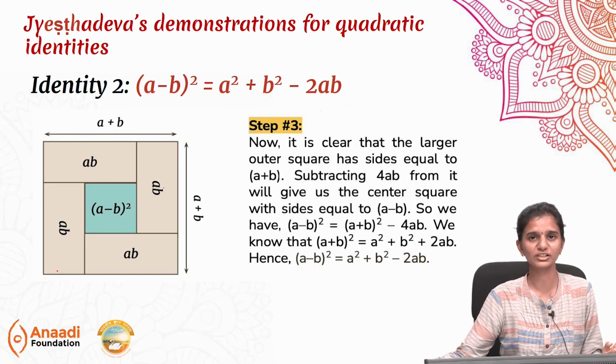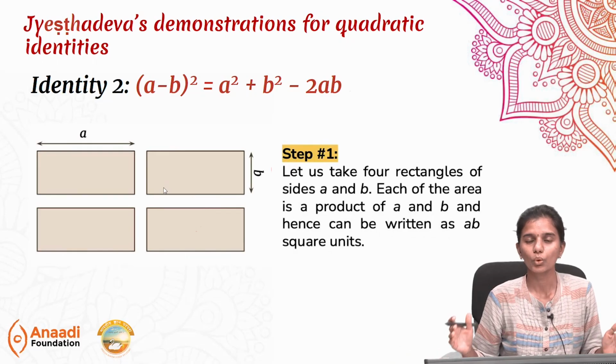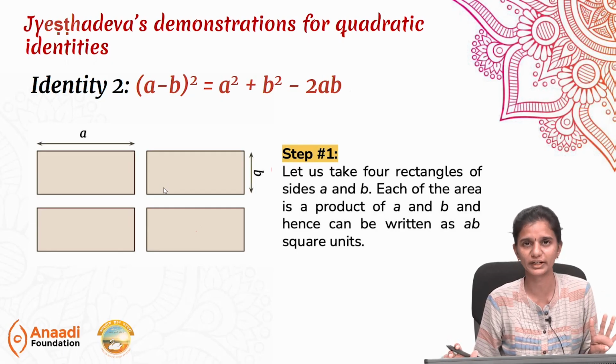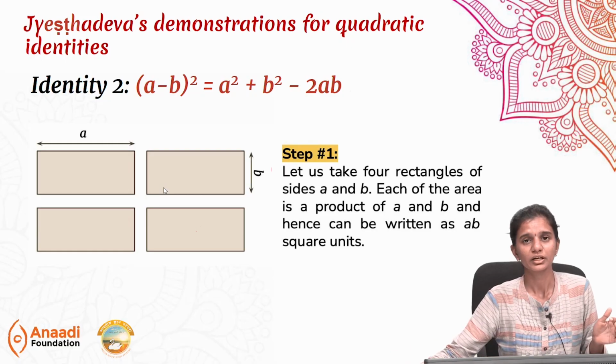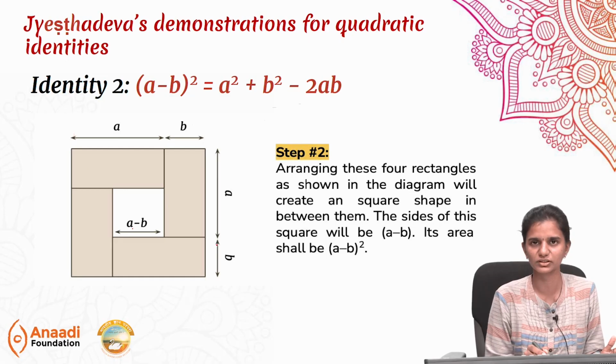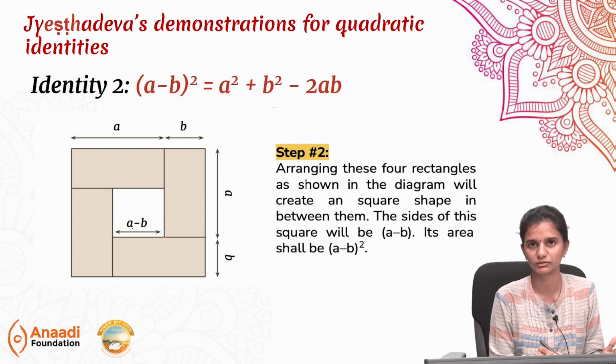Now, let us look at this demonstration once again. What does Jeshtadeva tell us to do for proving this equation? He says that we have to take 4 rectangles of sides A and B, and then you arrange it in such a way that we get a structure like this, so that we see that there is a smaller square formed inside.